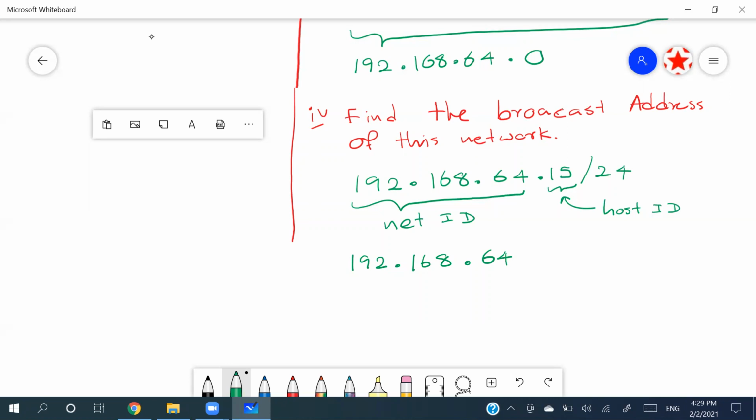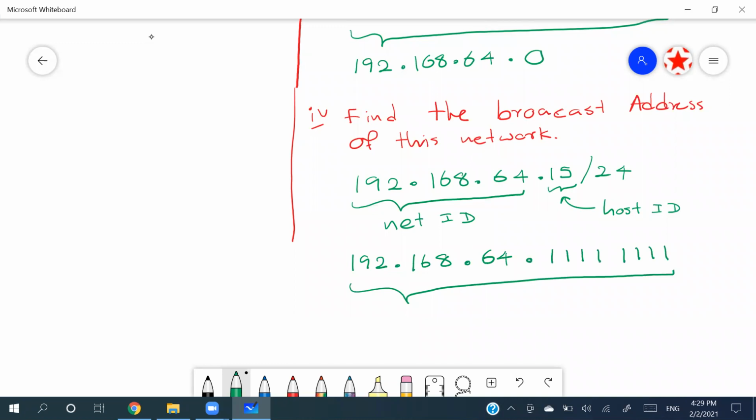Then my host ID is going to be all ones, which gives us 192.168.64.255.